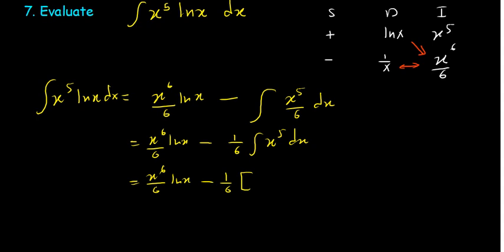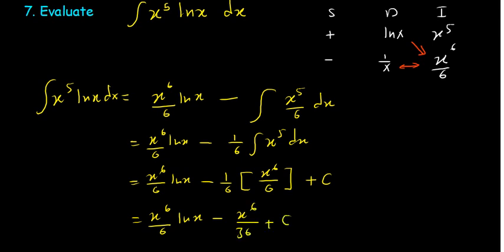Now if we integrate x to the power 5, simply add 1, that gives you x to the power 6 divided by the same 6, and then plus a constant c. So that will give us x to the power 6 over 6 natural log of x minus x to the power 6 divided by 36 plus a constant c. So that is the answer.